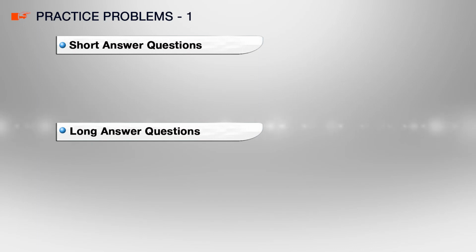So, here are some practice questions which you should practice after completing this lecture 1 of week 11. Here are some short answer type questions and some long answer type questions. Try it out yourself. In short answer type questions, the first question is, list different types of DAC.